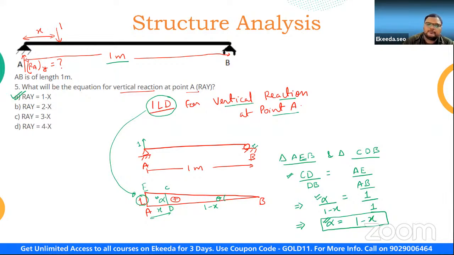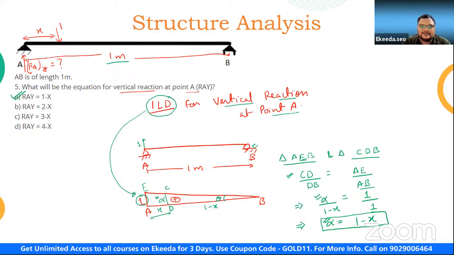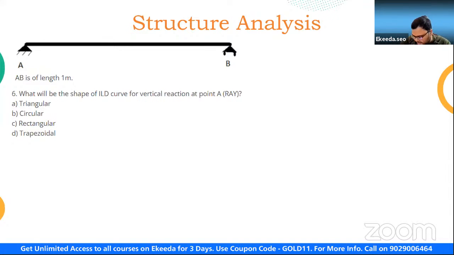So let us move ahead, guys. The next question is: what will be the shape of the ILD curve for vertical reaction at point A? I think I have already drawn it. See here, guys. Can anybody tell me the correct option for this one?